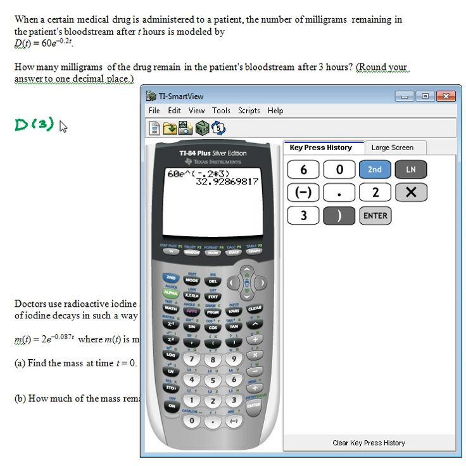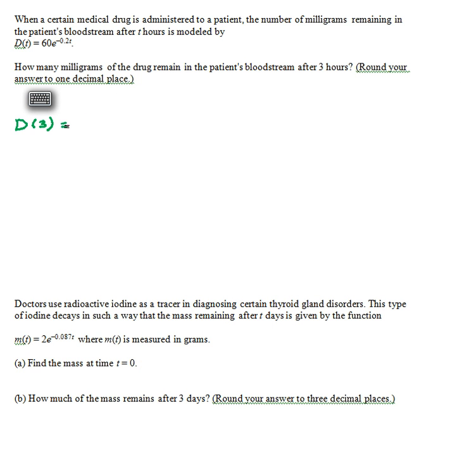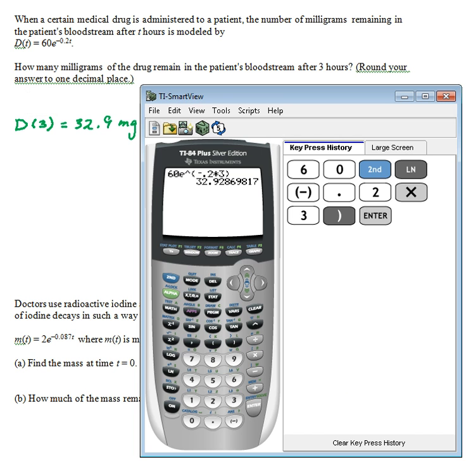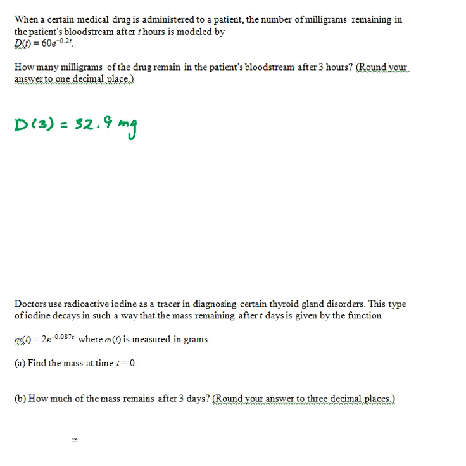And we get 32.9 milligrams. So now let's go down to the next question.